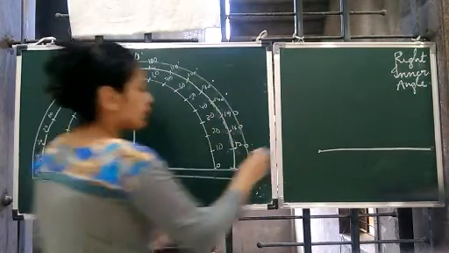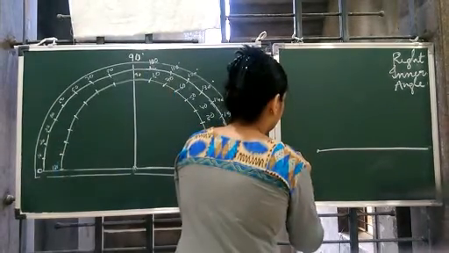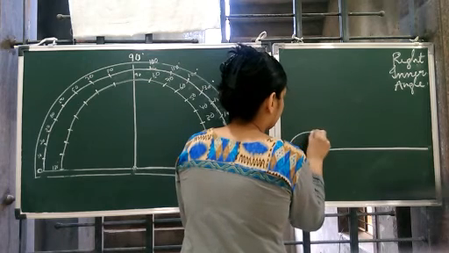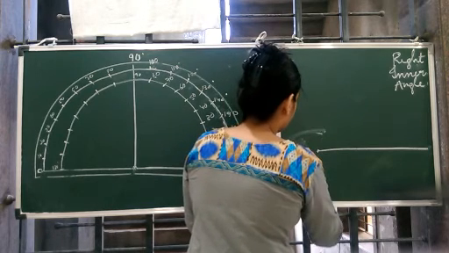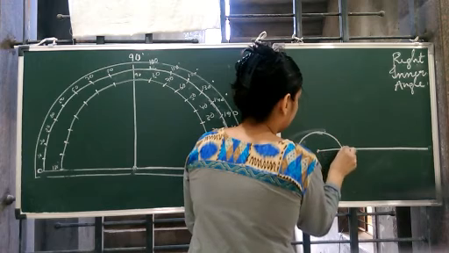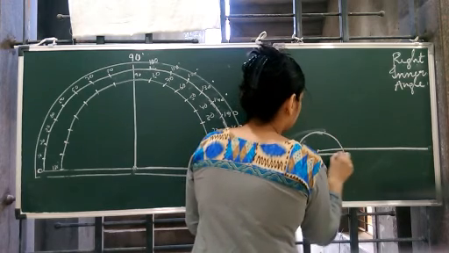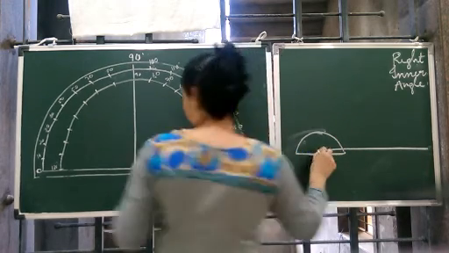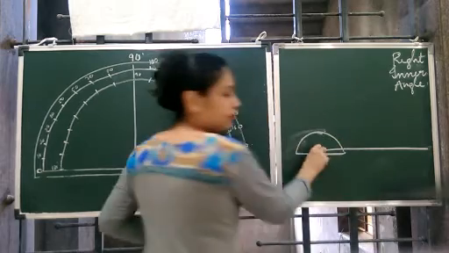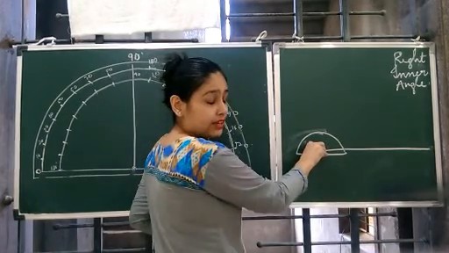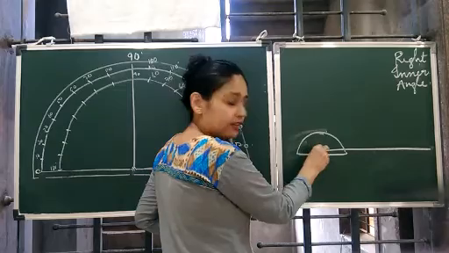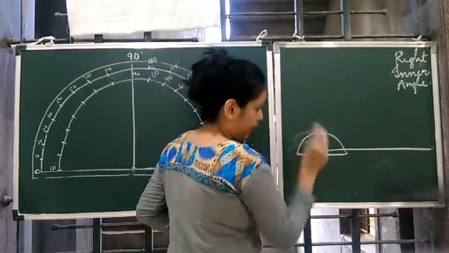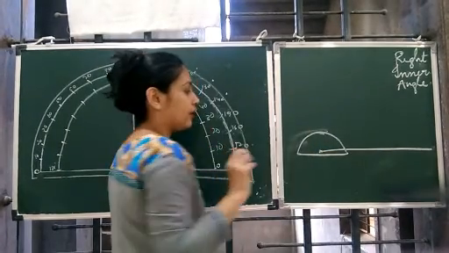So I am going to put my protractor here, like this, so that the midpoint of the protractor, this point, and the vertex of my angle which I am making coincide with one another, and this baseline coincides. Now I want to make an angle of 120 degrees.